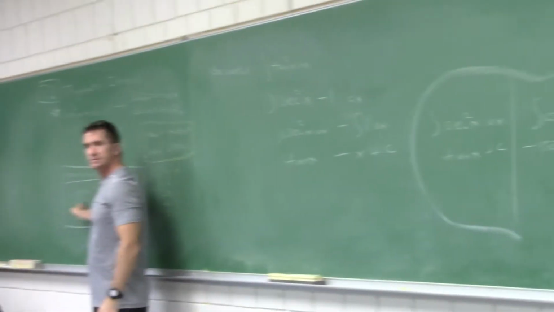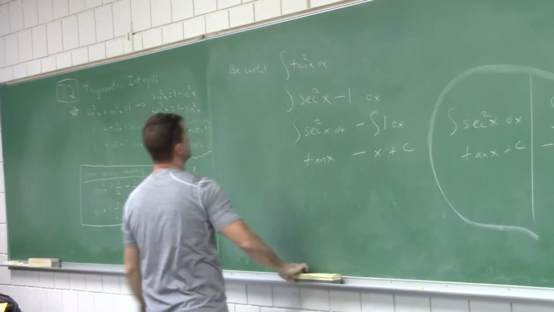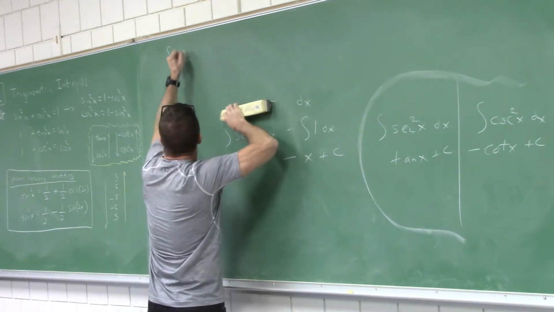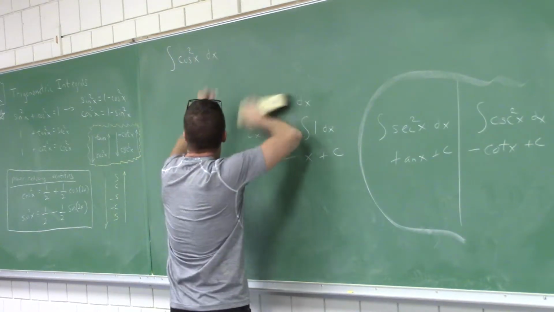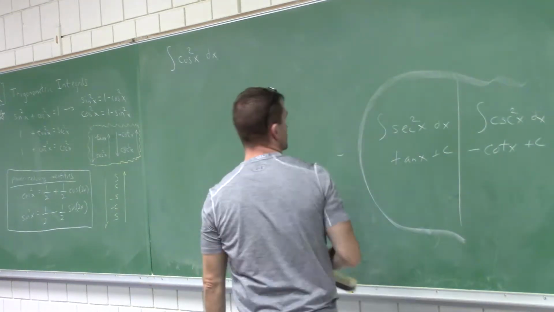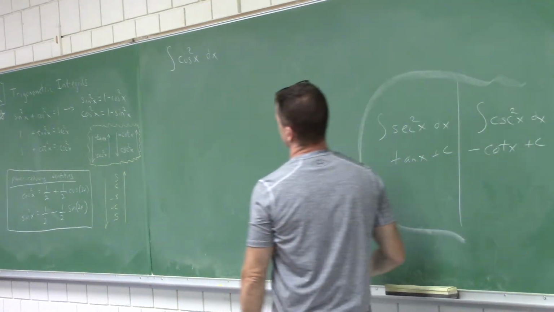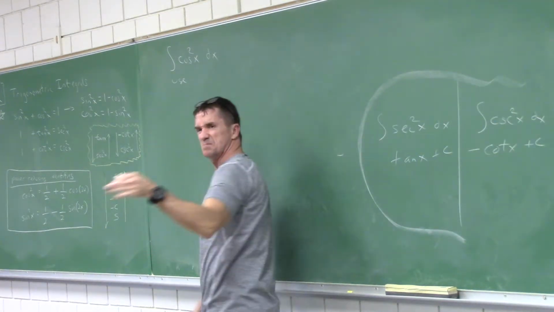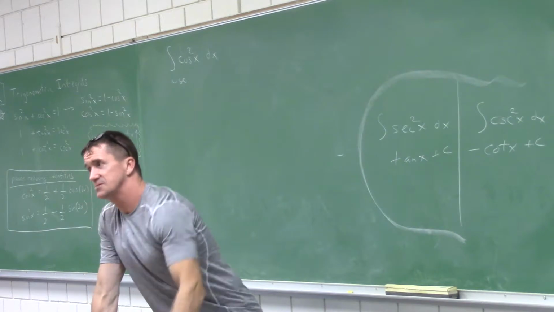Now it's time for this. If you just have to do the integral of cosine squared of x or sine squared of x from here on out, use the power reducing identity. It's going to come up from time to time, especially in this section.